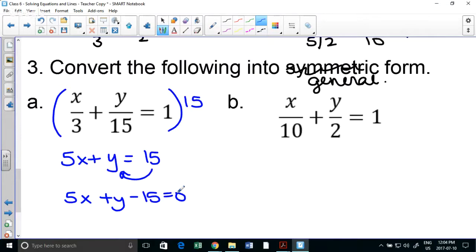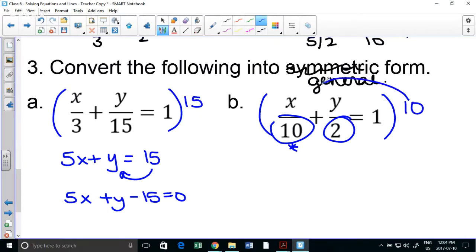Can I explain what I just did, and can I do B? Yes. So I'm going to do B, and hopefully that'll clarify A. You want to go to general form, so you want to get rid of these denominators. I'm going to pick a number that will cancel both of them out, so I'm going to pick 10.